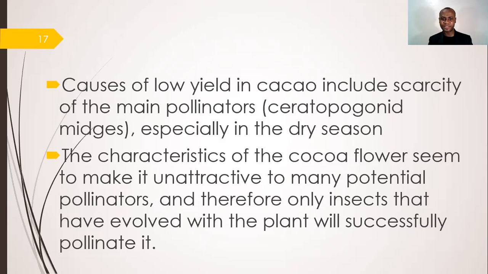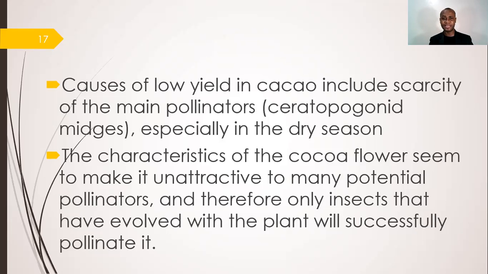The characteristics of the cacao flower seem to make it unattractive to many potential pollinators, and therefore only insects that have evolved with the plant will successfully pollinate it.